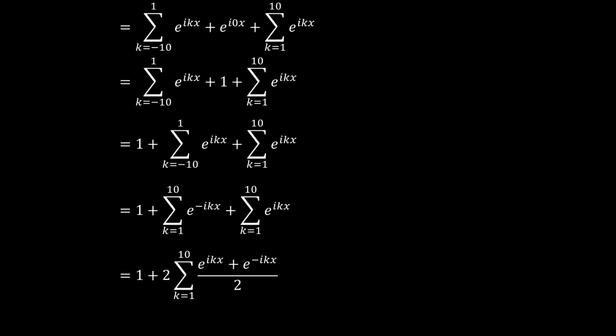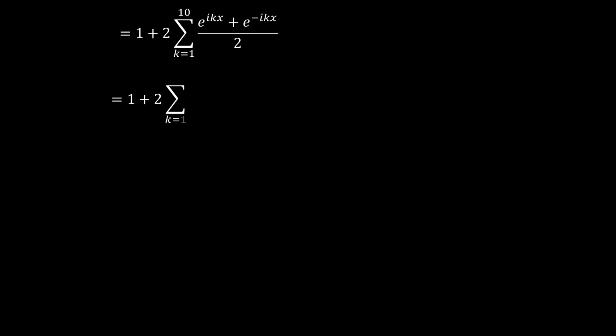So this here, using Euler's identity, is the same as the cosine of kx. So we have 1 plus twice the summation from k equals 1 to 10 of the cosine of kx.